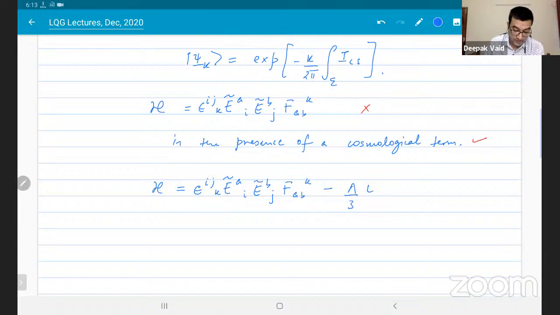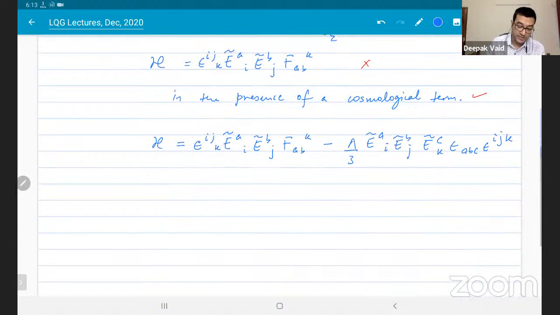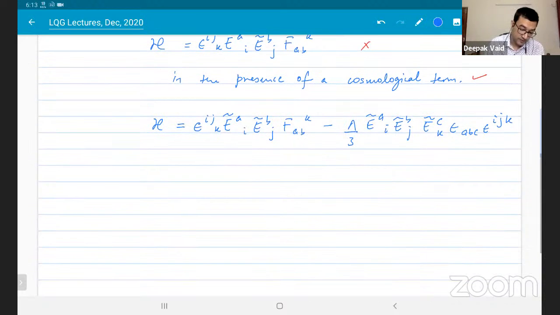This part has the same structure, with epsilon^abc and epsilon^ijk. This is the extra part due to which the Kodama state is a solution.